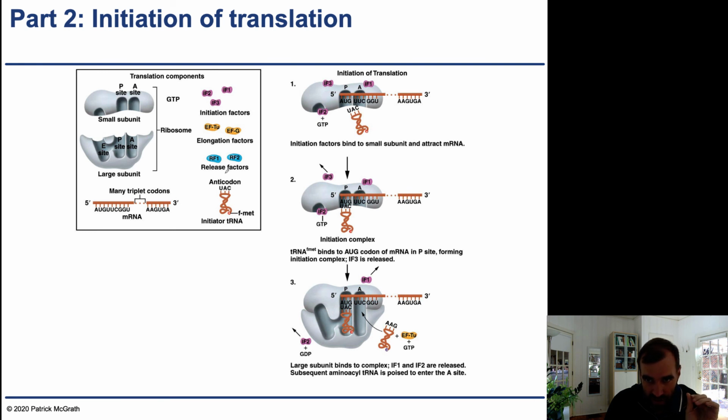Initiation requires a very specific tRNA called the initiator tRNA. The initiation codon is an AUG, ATG on the DNA sequence, and AUG in the RNA sequence.